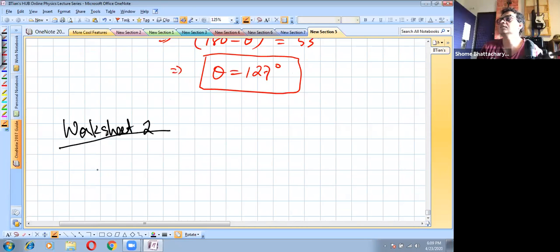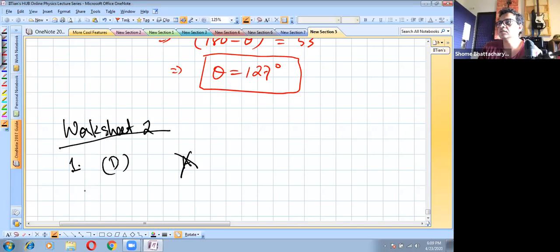So the corrections are, first question, the answer should be D. It should not be E. It's given in the answer key wrongly as E. The answer should be D. And there's one more correction, for question 13.